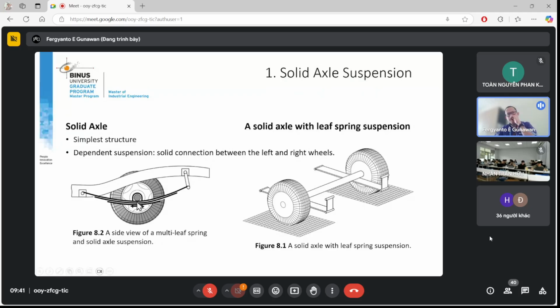So it's a very simple suspension structure. And we still use this kind of system until now, particularly in some cars. Not all cars use this system, and particularly for the rear wheels, right?